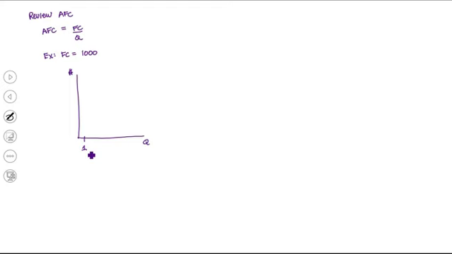Everybody, what is it? It's going to be 1,000. But what about when output is 2? Everyone agree it's going to be 500? And what about when output is 4? We'll skip 3. Output is 4. What's it going to be?